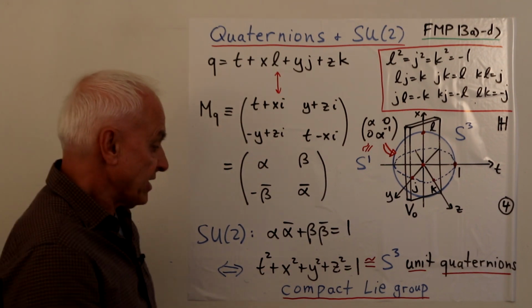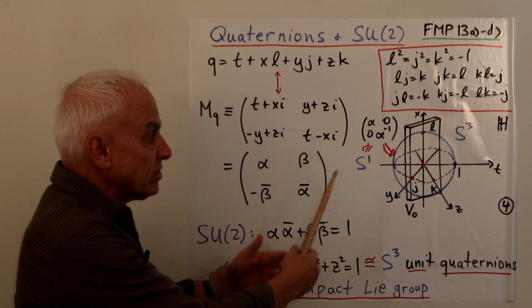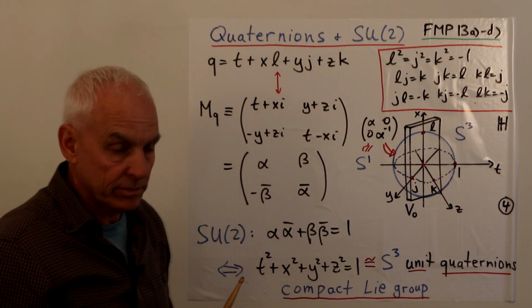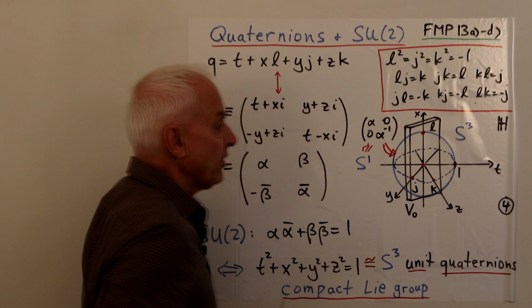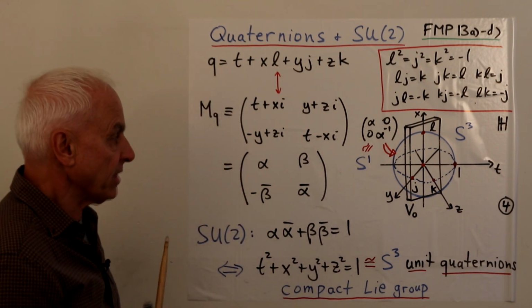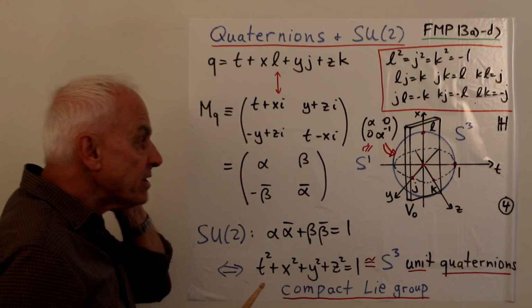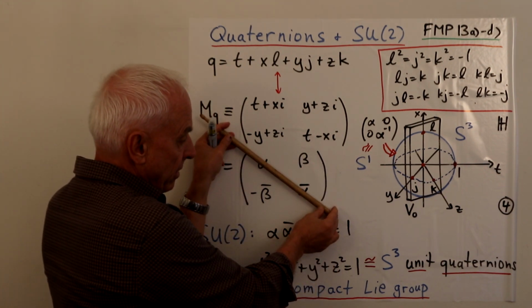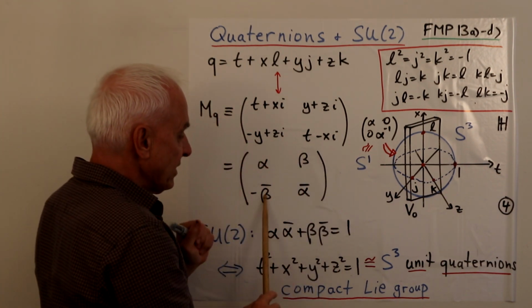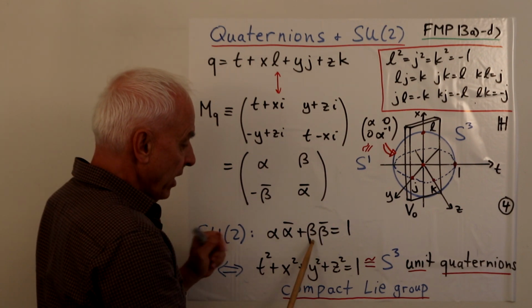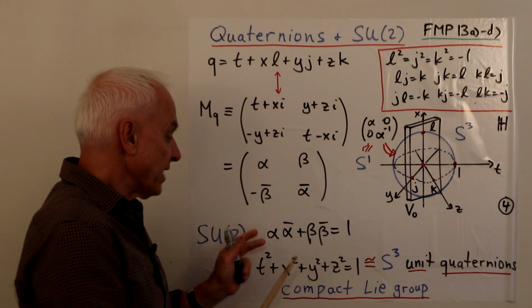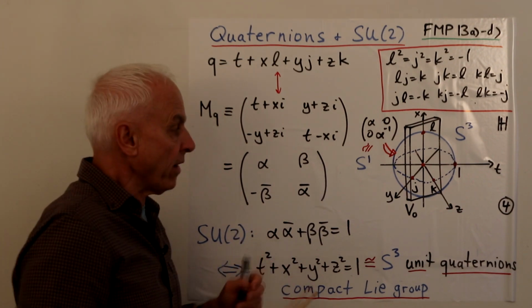And that's a compact Lie group, so it's closed under the multiplication of the quaternion algebra. So you take any 2 elements in this unit sphere, you multiply them, and you get another element in the unit sphere. Now, of particular interest is what happens when we look at just diagonal matrices, ones for which beta is 0. So if beta is 0, then this condition is that alpha times alpha bar is 1. In other words, alpha has modulus 1.